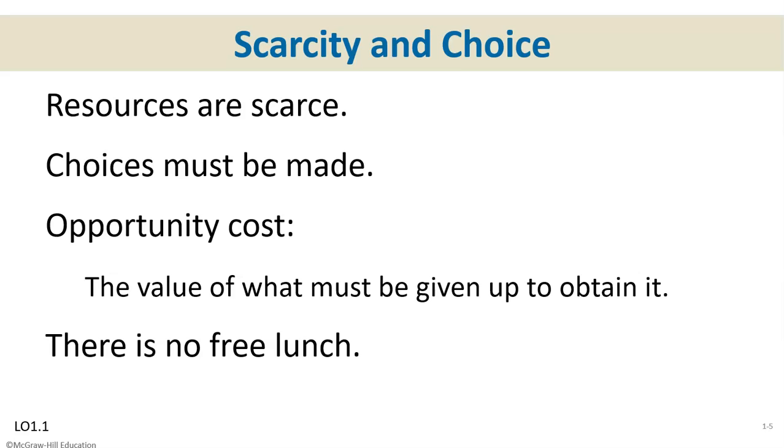If you're thinking about your opportunity cost of going to college, it would include some explicit costs, some things that you actually paid for, like tuition or books or school supplies. It also would include anything else that you gave up to be able to go to school. So school can take a lot of your time.